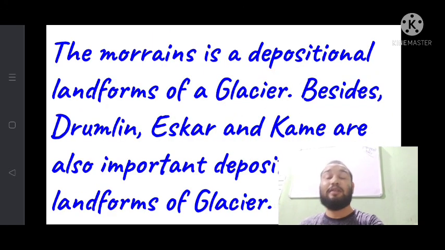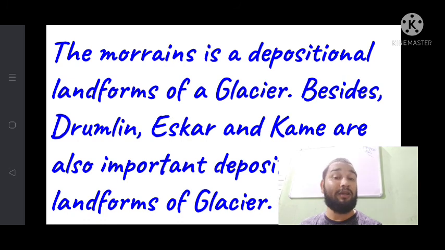So this is the important point. Moraines are depositional landforms of the glacier. Moraines are not erosional landforms, they are depositional landforms of the glacier. Besides moraine, there are some other types of landforms you will see in the glacial area, some other depositional landforms. These are the drumlins.